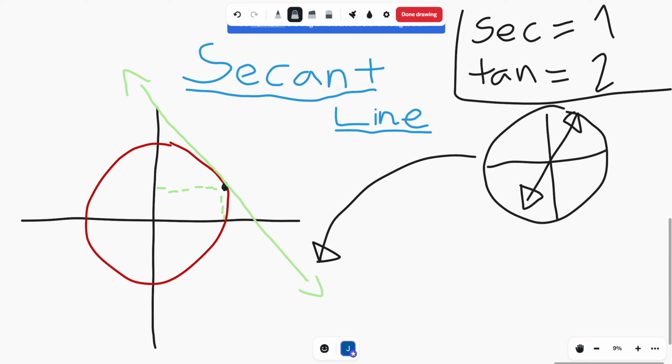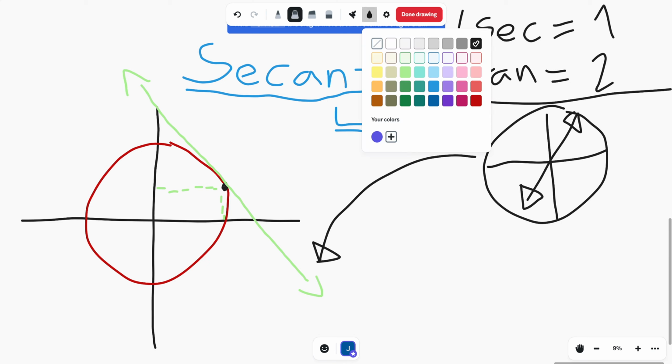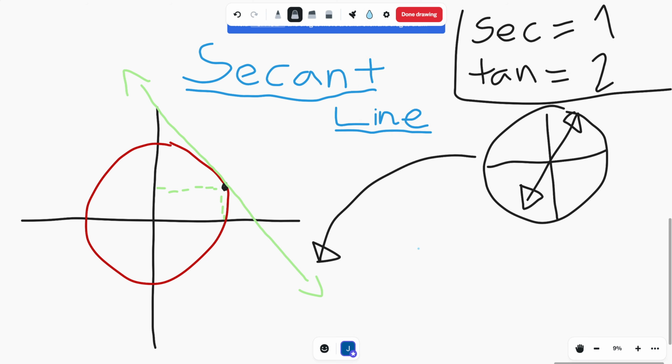Now, in calculus, the secant line is very helpful because when we're calculating derivatives, dy dx, the derivative for the circle would be whatever, blank. That would be this derivative.